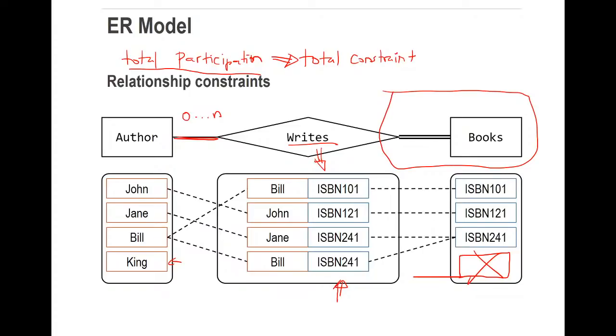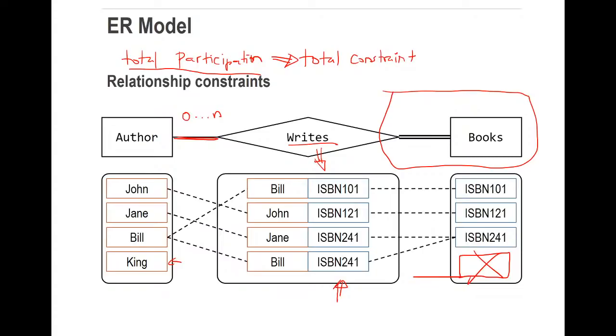But of course, what it means is also that this ER diagram is your design. You try to make it conform to the real world as much as possible. But you can always set your own additional constraints if you want. And my constraint for this is that, to me, it doesn't make sense that books do not have an author.